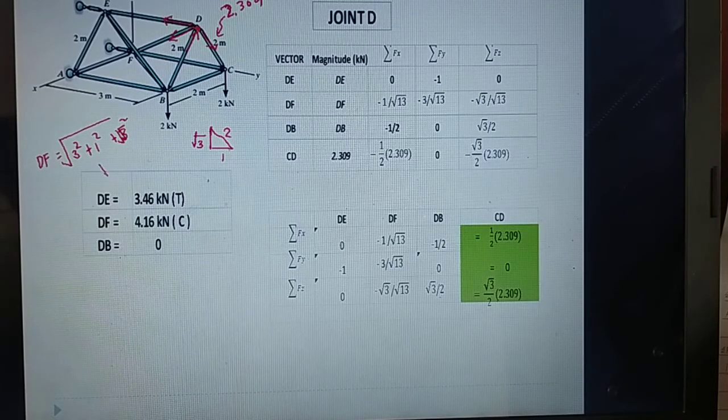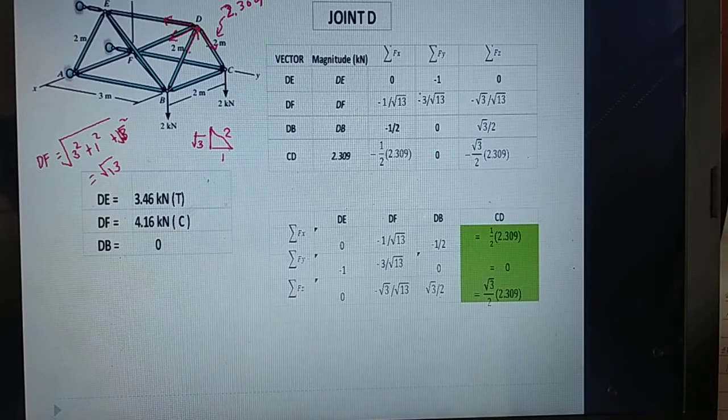That will give you square root of 13. Along the y-axis for DF, this is the 3. That's why this is negative 3 over square root of 13. And for the z-axis, that is the vertical component, this is negative square root of 3 over the total length.